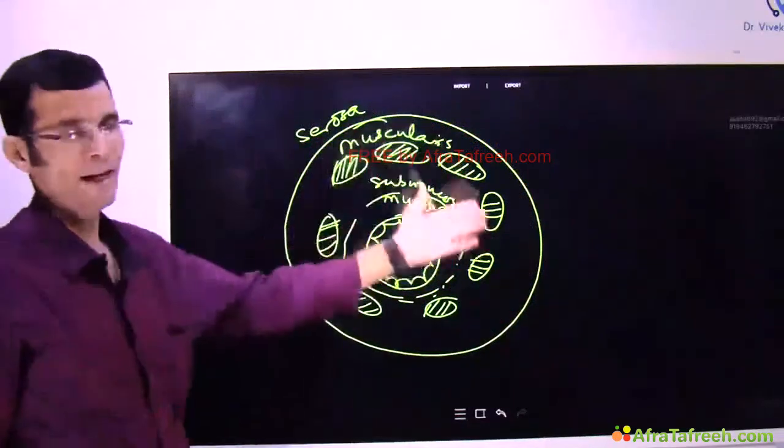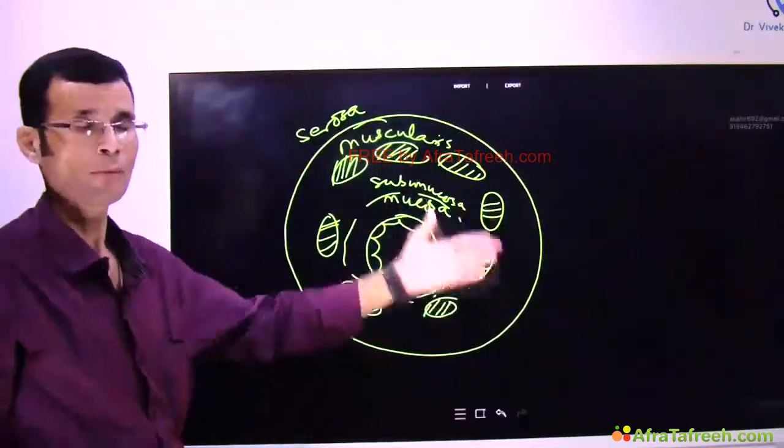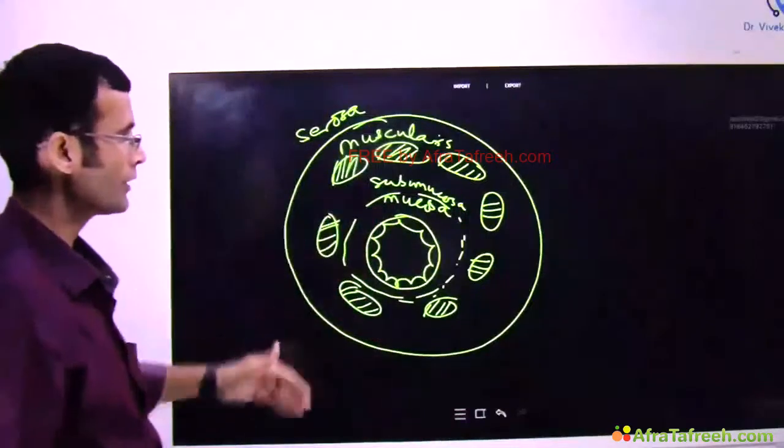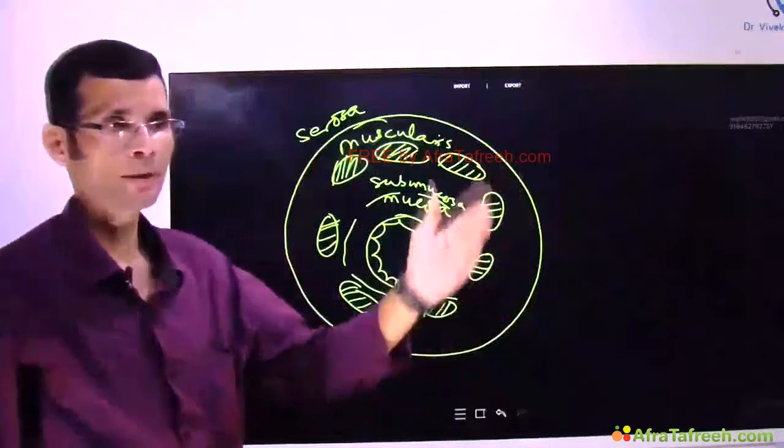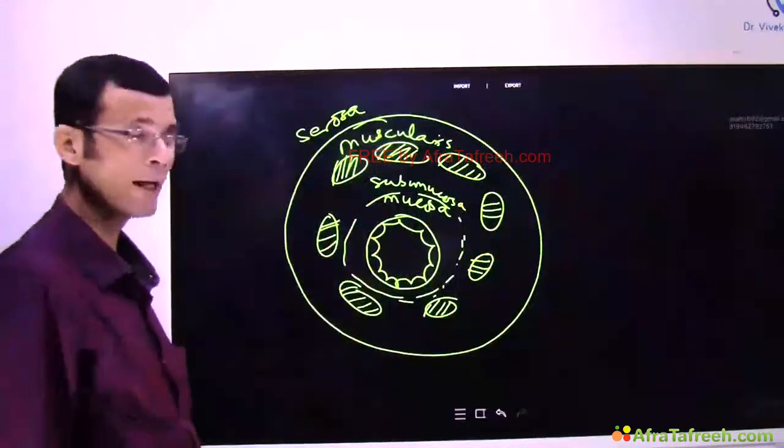And outside that, there would be peritoneum covering the wall of the digestive tract. These are the 4 layers in a typical transverse section in the digestive tract.